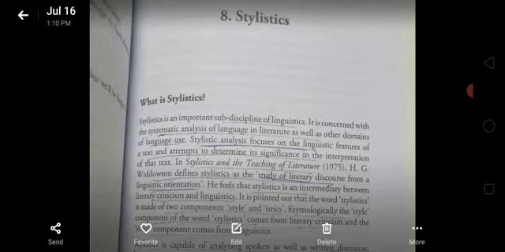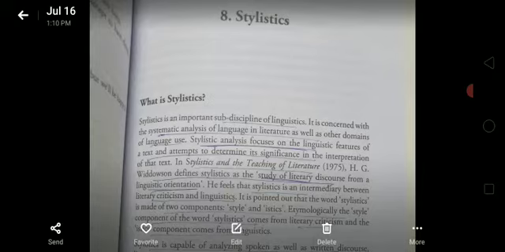Discourse means a lecture or talk, and linguistic orientation means the linguistic point of view.